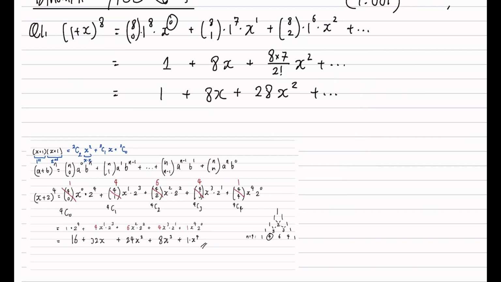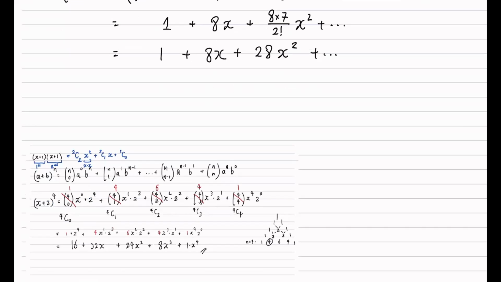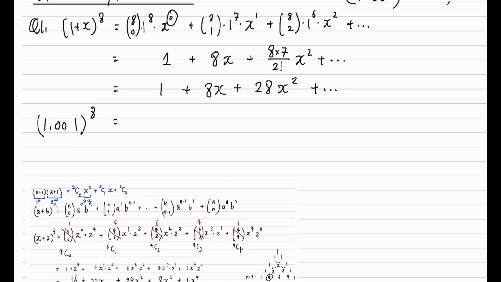Then what did they ask you to find? Hence, estimate the value of 1.001 power 8. Do you realize that it is actually just the same as 1 plus 0.001 power 8? Right? So that means my x is equal to what?